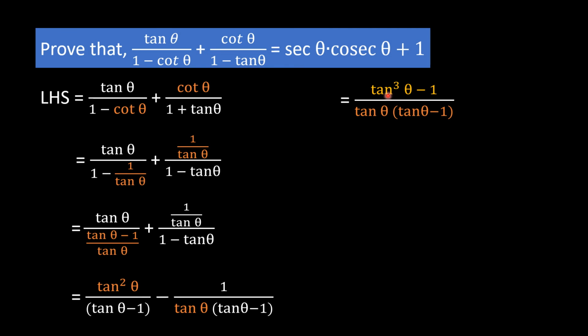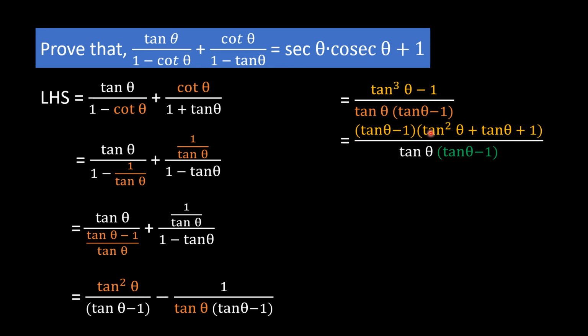Now tan cube theta minus 1 can be factorized as tan theta minus 1 multiplied by tan square theta plus tan theta plus 1. This factorization is according to the difference between two cubes, that is a cube minus b cube, which is a minus b multiplied by a squared plus ab plus b squared.